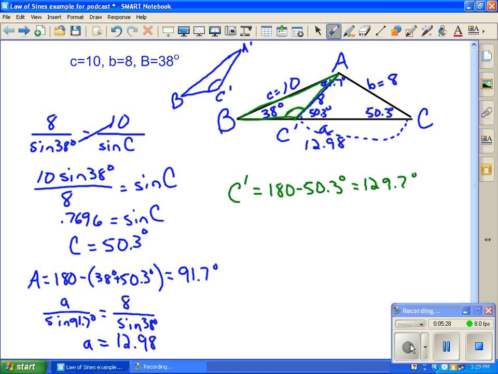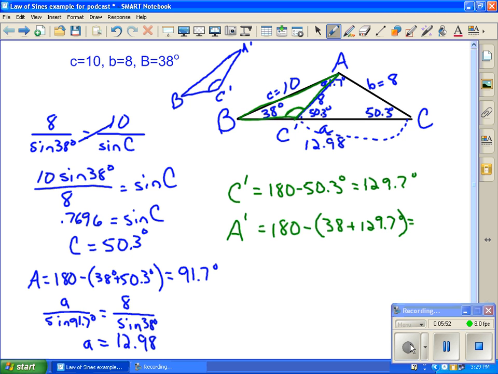And then we're going to go through the same steps as what we did to find the other sides and angles. So angle A prime is now going to be 180 minus, last time we did 38 plus 50.3. Well, this time we're doing the 38 plus the 129.7.